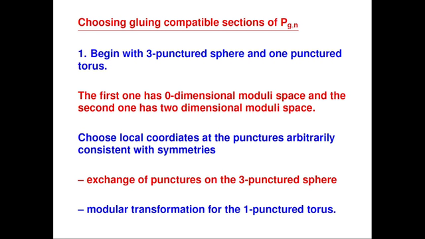Similarly, there is an identification of this with this. So the local coordinate at this value of tau should agree with the local coordinate at this value of tau and so on. This is what we mean by it should be consistent with symmetries. But other than that, we do not impose any other condition, you choose them any way you like.